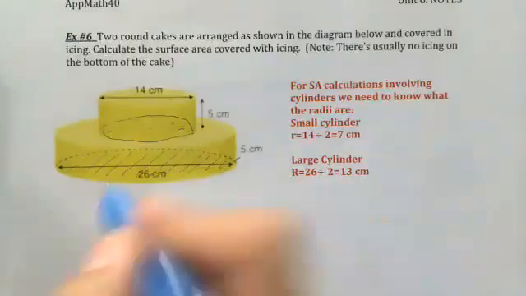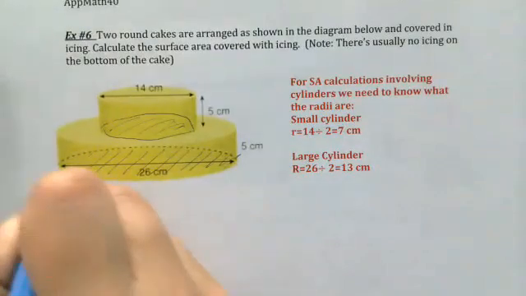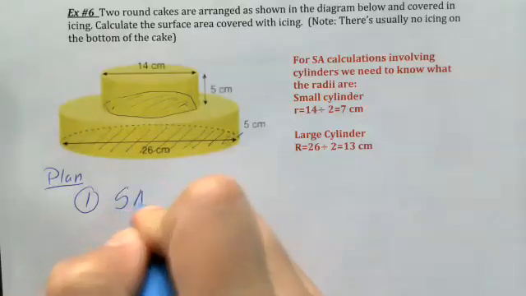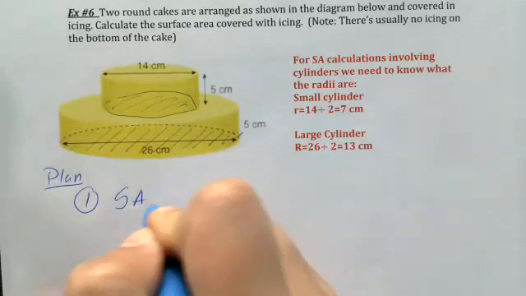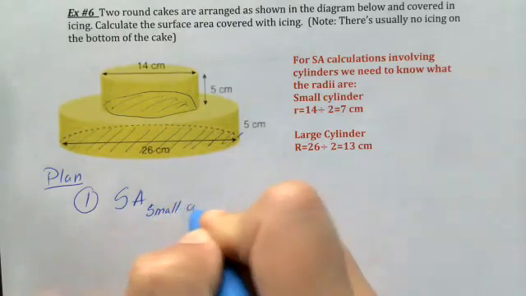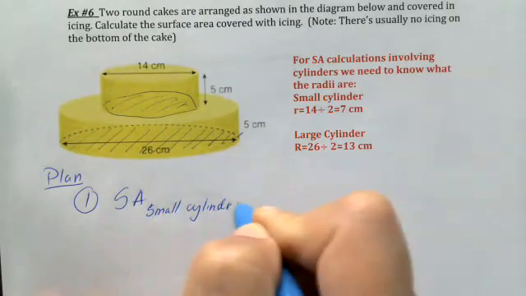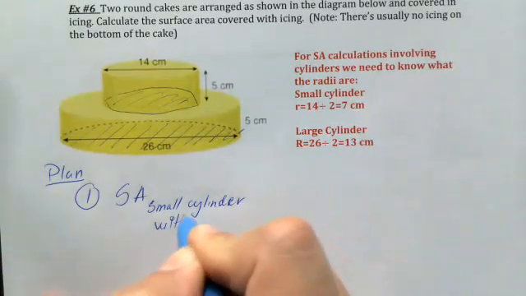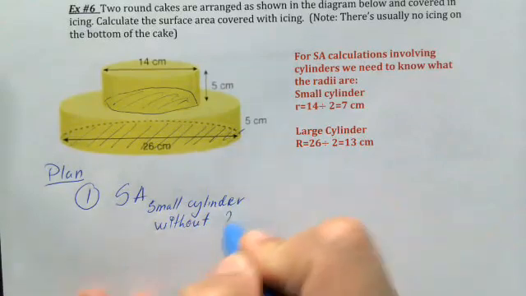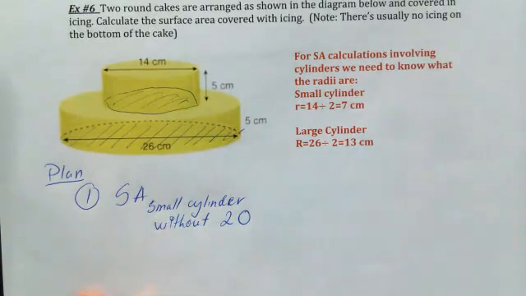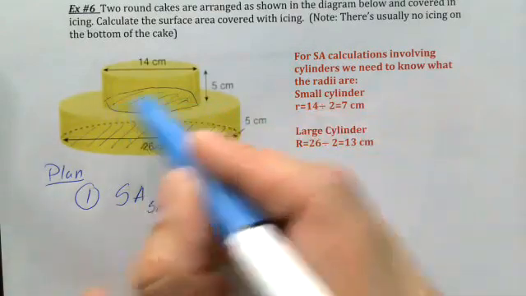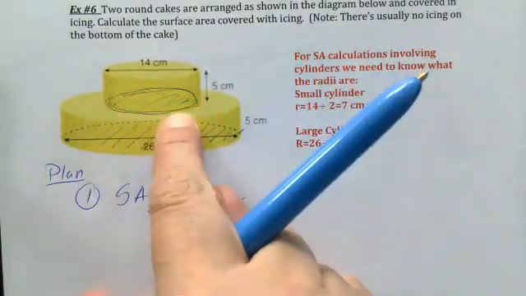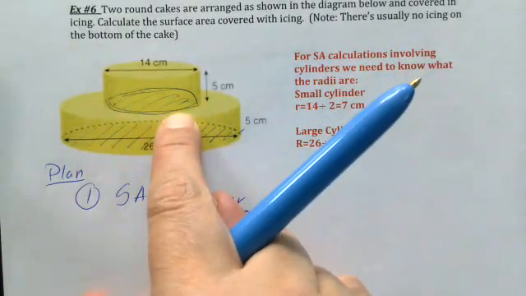The plan is going to be as follows. Step number 1 is the surface area of the small cylinder without 2 circles, because the same circle is going to cover the same circle at the bottom of the big cylinder.